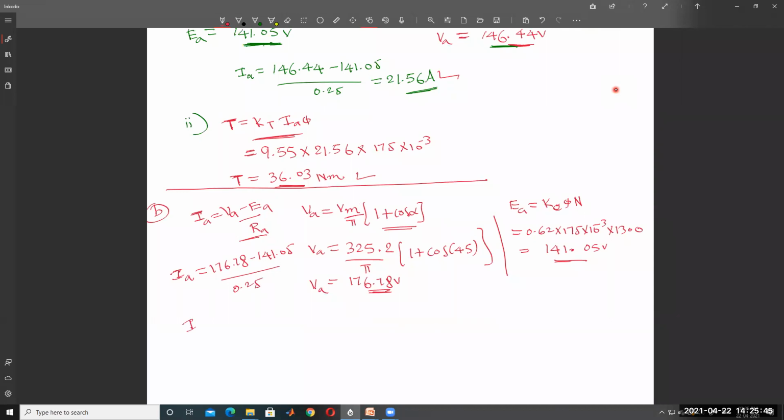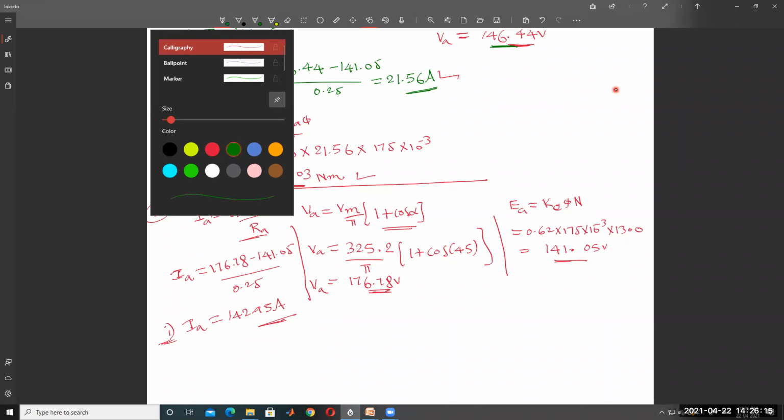You will get armature current IA approximately 142.95 amps. Okay, and also find the torque. This is the first one over for semi-converter.